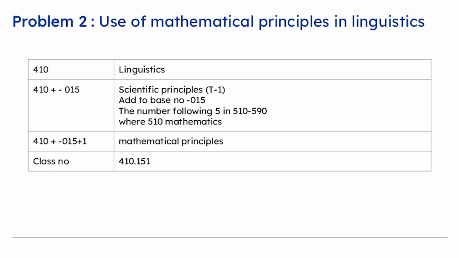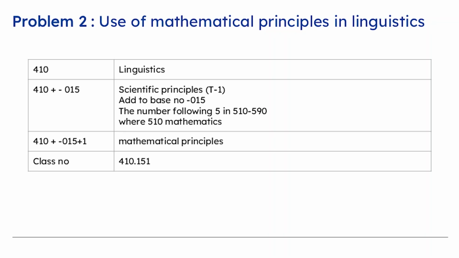If we say use of mathematical principles, use of logic, use of optics in computer, the computer is the basic subject. But the use of optics means the mathematical principles used in computer. In that situation, we have to use the class number -015.